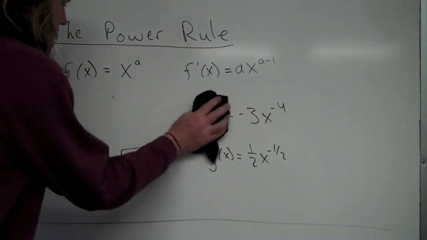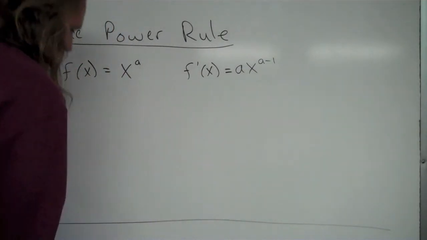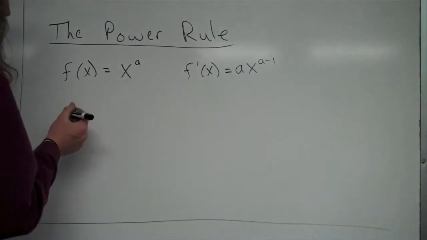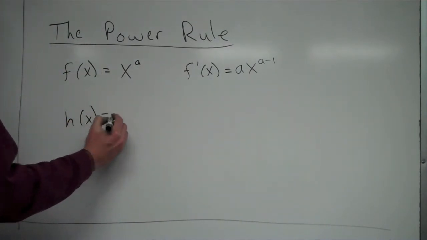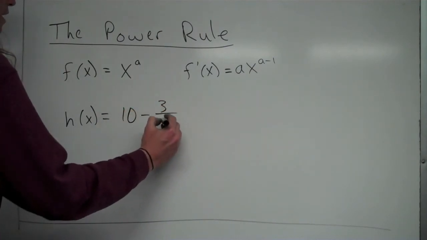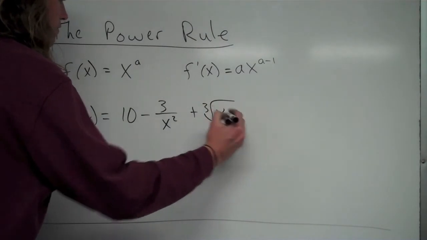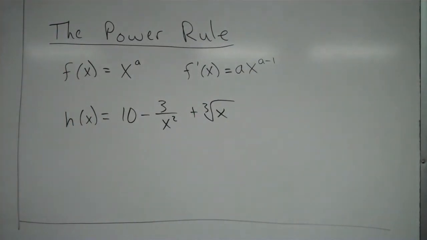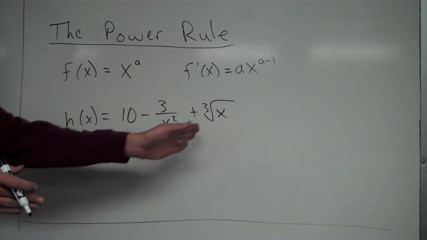And you can also take the derivative if you have a function that's a polynomial with multiple terms, or not necessarily even a polynomial. So let me say, for example, if you had something like this, 10 minus 3 over x squared plus the cubed root of x, for instance. When you have a function with multiple terms, you're just going to take the derivative of each term separately.